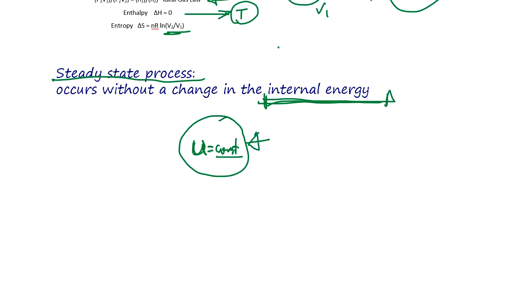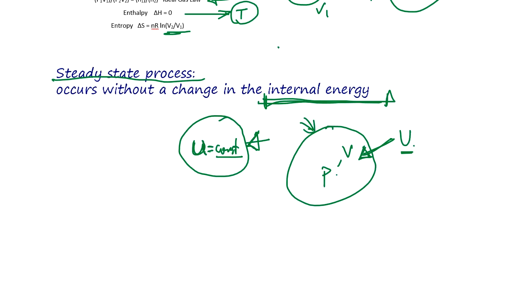And what this means is you make other changes like volume increase but pressure decrease, but total energy U is the same. You have delta Q, heat coming, but you're losing the same amount of heat.